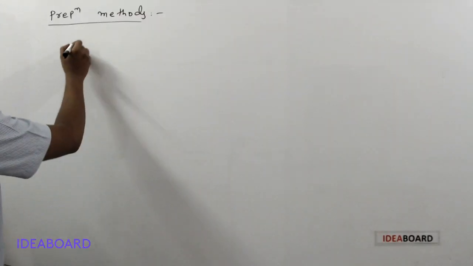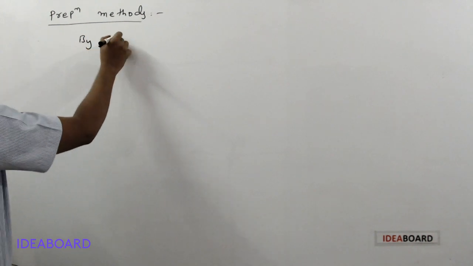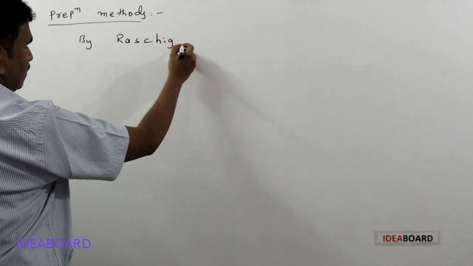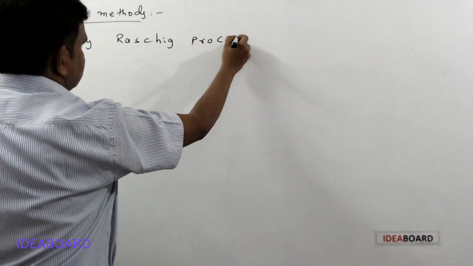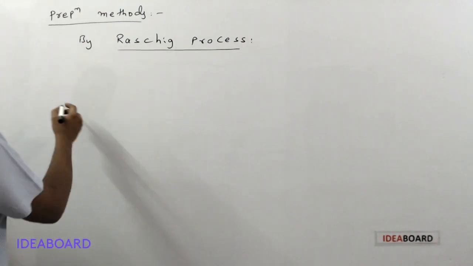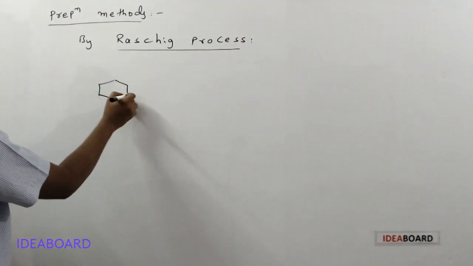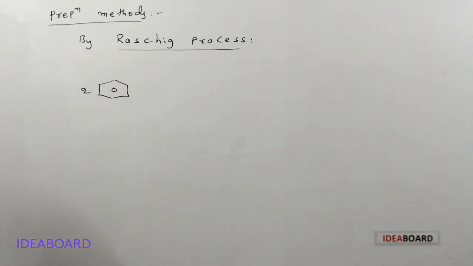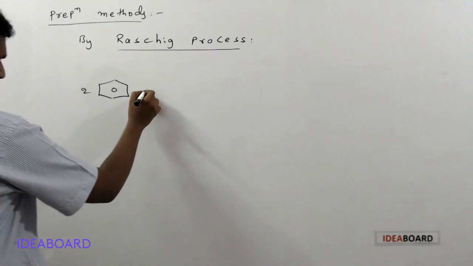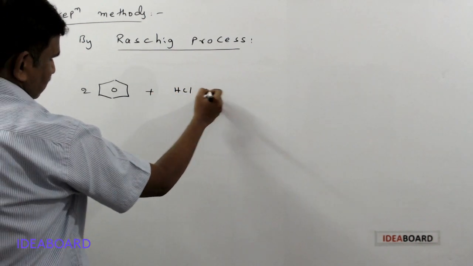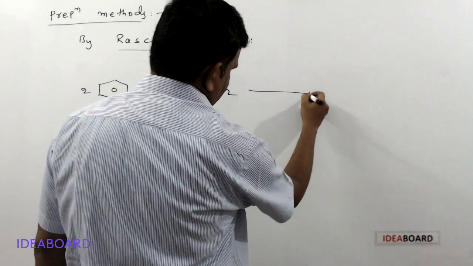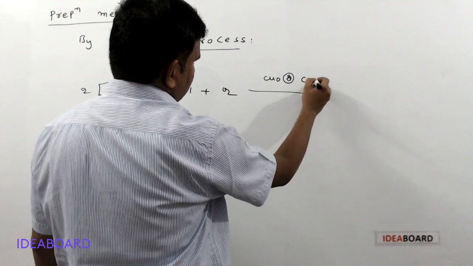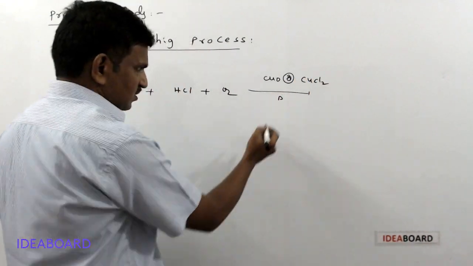The next one is the Raschig process. How can we prepare halobenzene by the Raschig process? Here we are taking benzene, which reacts with HCl and oxygen in the presence of CuO or CuCl2 at high temperature.